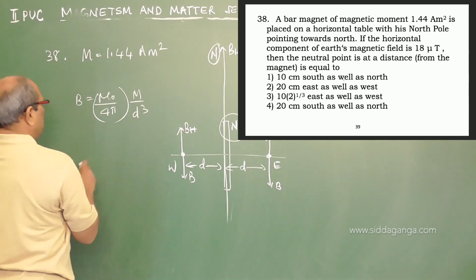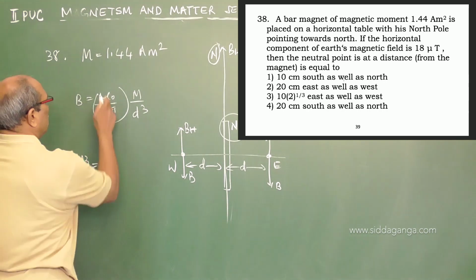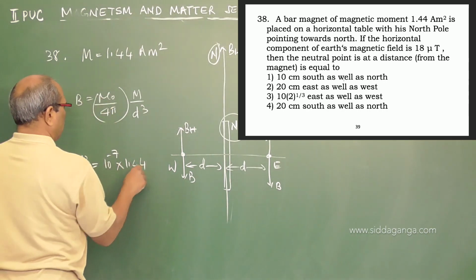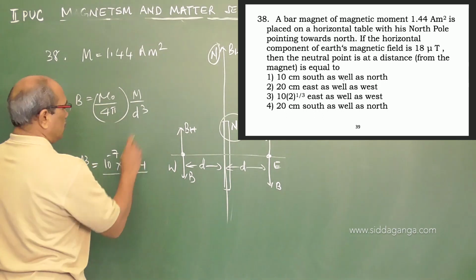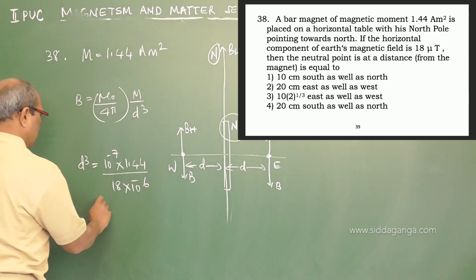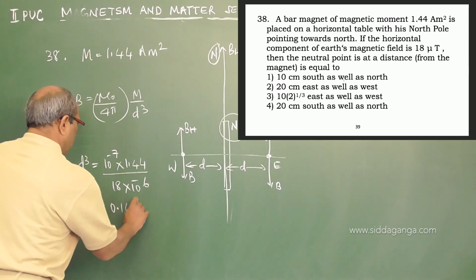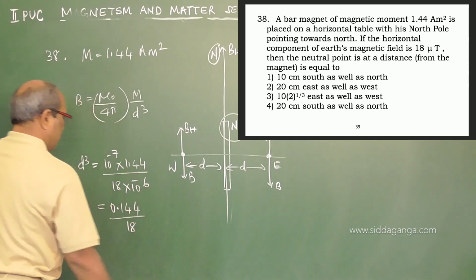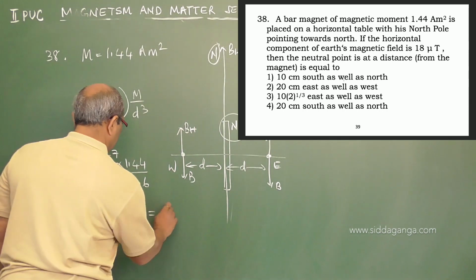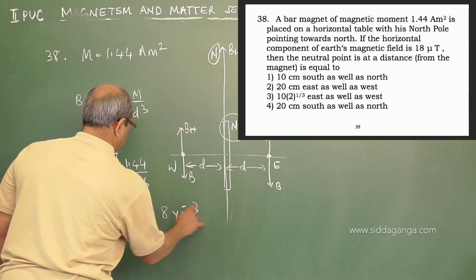Now we have to find d cube. It is 10 power minus 7 into 1.44 divided by 18 microtesla, 10 power minus 6. It becomes 0.144 by 18, which is 8 into 10 power minus 3.